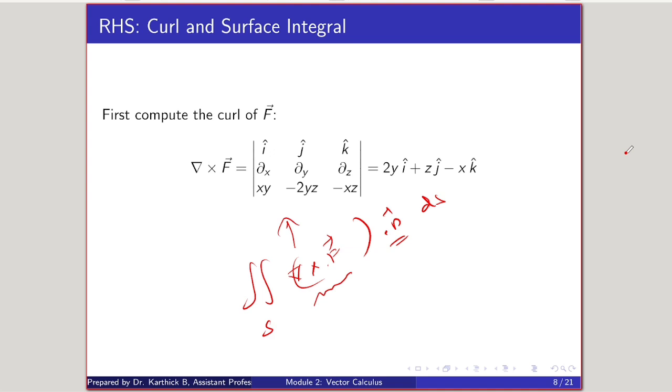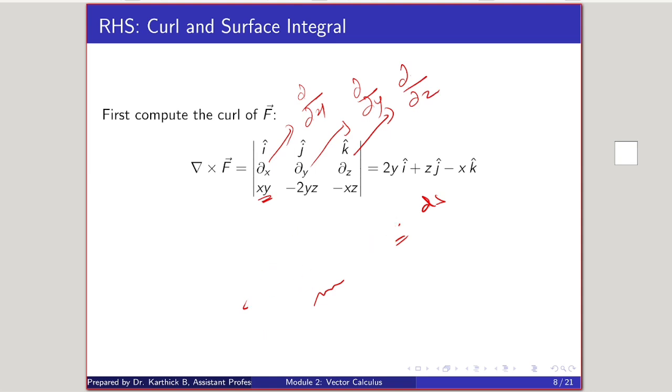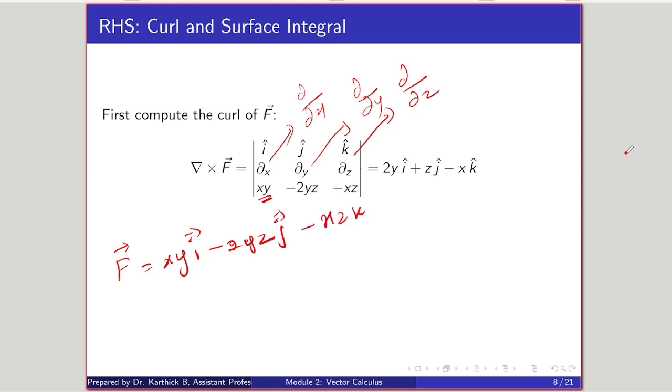For that we have to list i vector, j vector, k vector, and here this represents dou by dou x, this represents dou by dou y, and dou by dou z. And here you just see the function. What is the function we had? We have the function f vector as xy i vector, minus 2yz j vector, minus xz k vector.